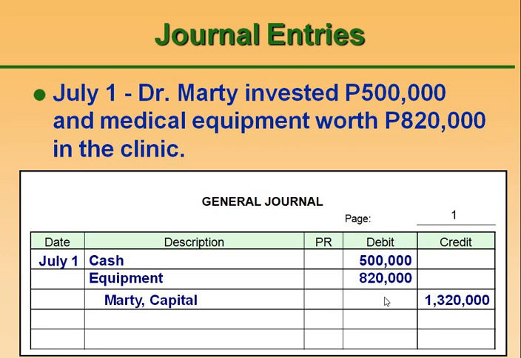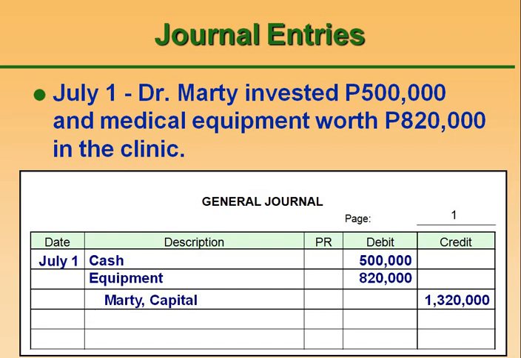Total debit so far, how much? 1,320,000. Total credit, the same amount. So total debit must always equal the total credit. To emphasize credit, in some countries like the Philippines, the credited account is indented, meaning written further to the right, not aligned with the debited accounts of cash and equipment here.